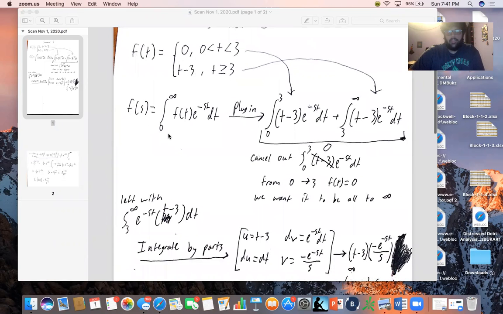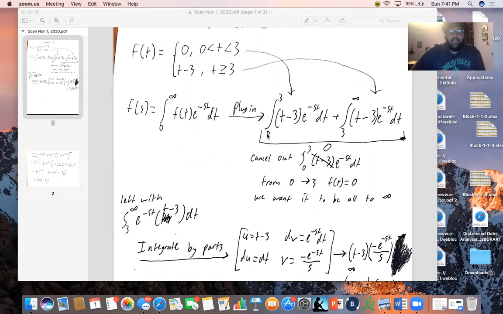First we're going to have the standard function for the Laplace transformation that we're going to work with: the integral from 0 to infinity of f of t times e to the negative st dt. That's the function we're going to start off with, and we're going to plug the piecewise function into it.